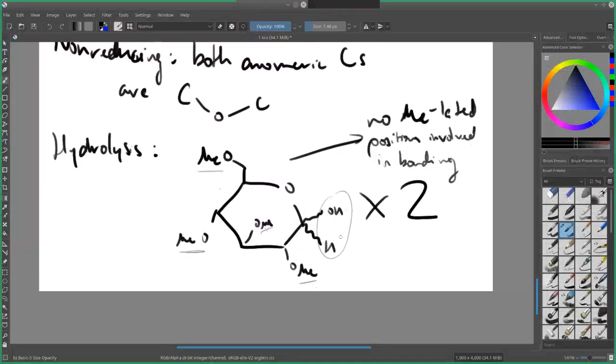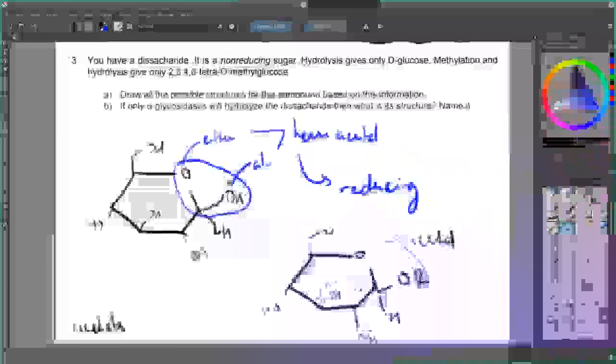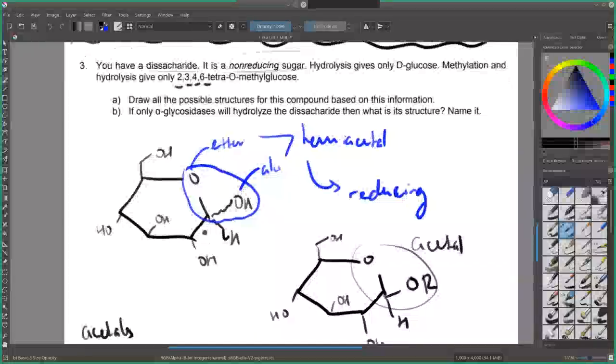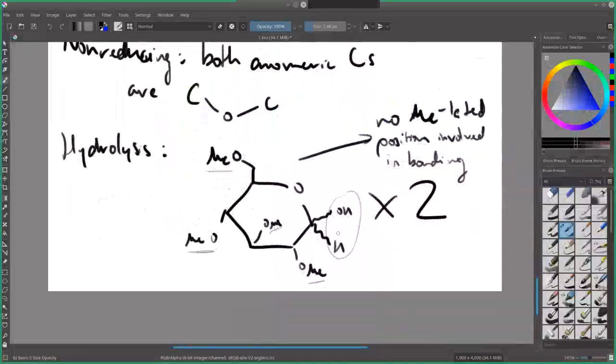But how come the anomeric carbon wasn't methylated? Well, we were told here that hydrolysis gives only this. So it's methylated at the 2, 3, 4, and 6 positions. So we methylated first, and from there hydrolyzed it.